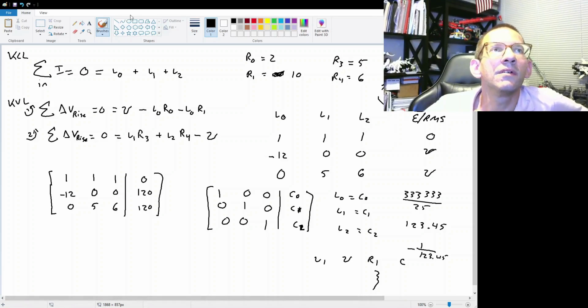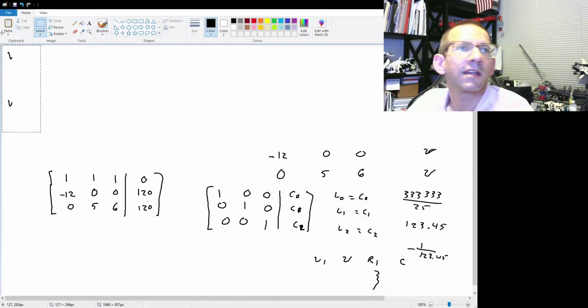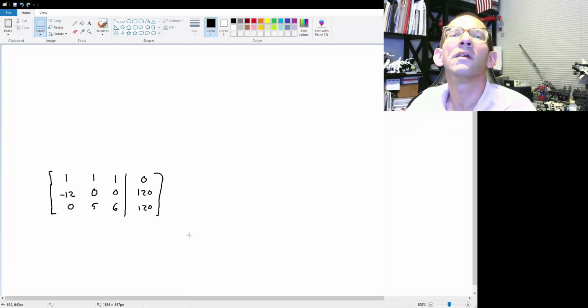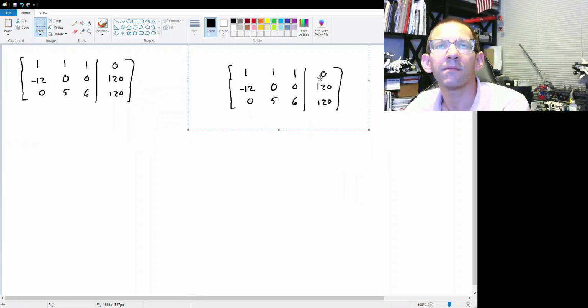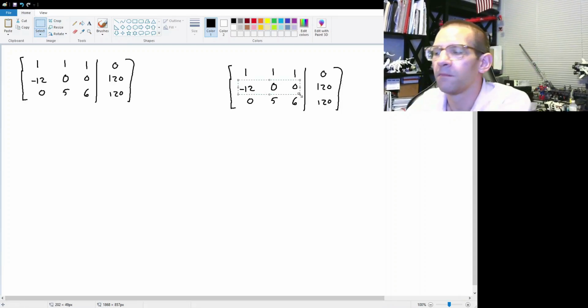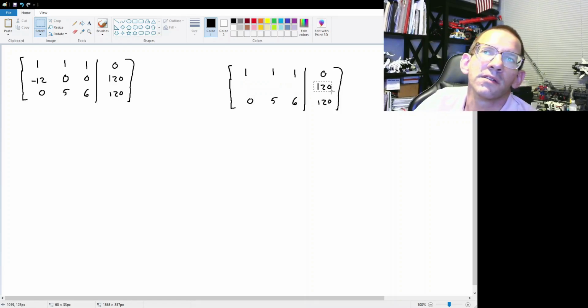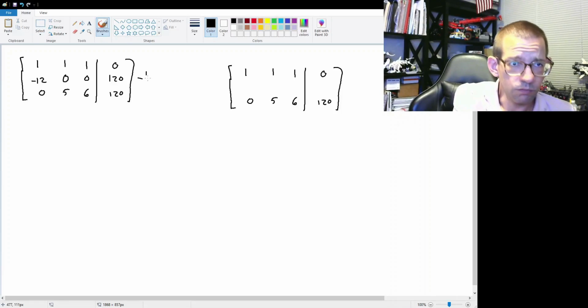Something you can also do is, if you have that matrix, then you can also make a copy of it on your paper, and then whenever you change something, say that you go ahead and divide, or you turn the middle row into something a little bit easier because you had done the reciprocal of 1/12 which is negative 1 over 12.